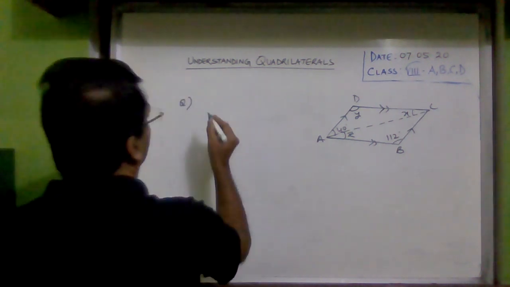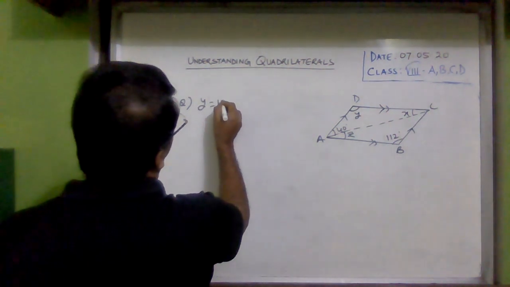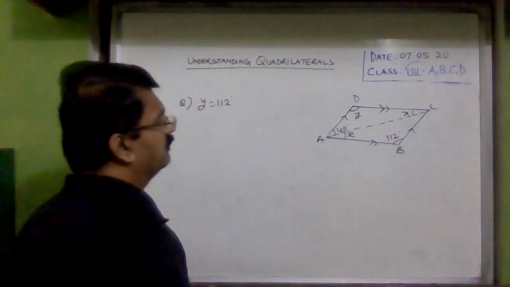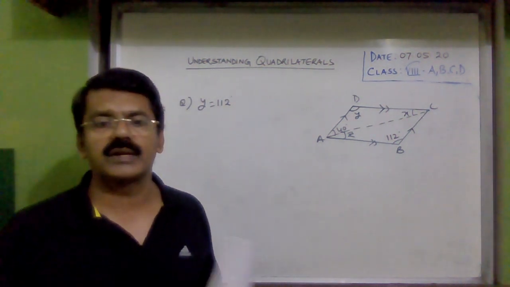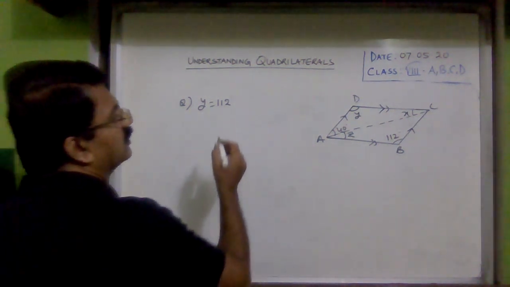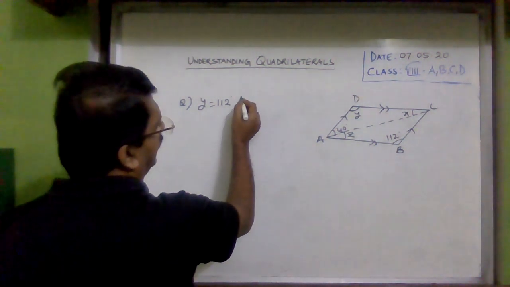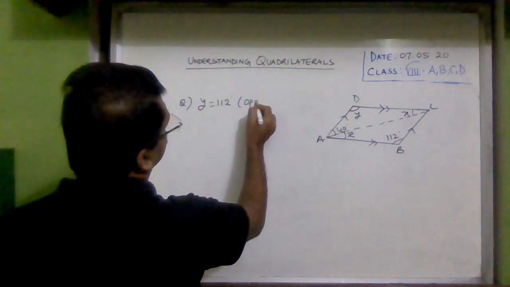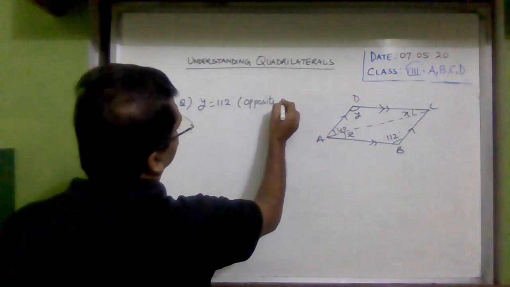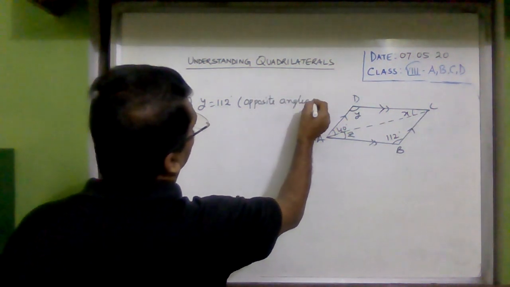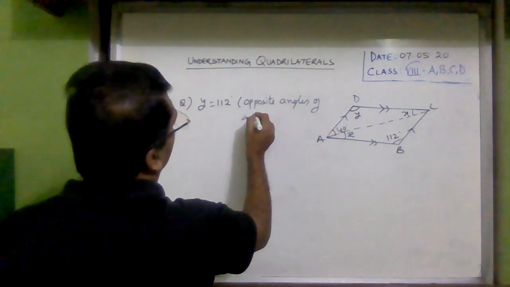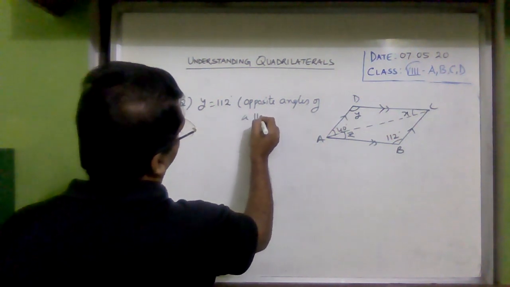So first of all you write Y is equal to 112. Why? Because the opposite angles of a parallelogram are equal. So Y is equal to 112. Reason you write: opposite angles of a parallelogram.